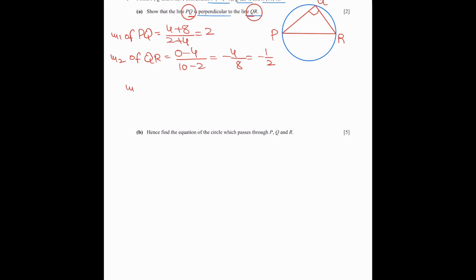Now if you multiply the two gradients, if your answer is equal to minus 1, then this will be proven, it will be shown that PQ is perpendicular to QR. Shown.